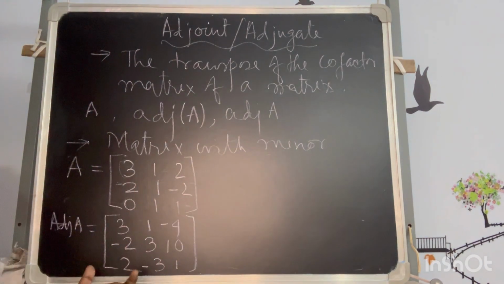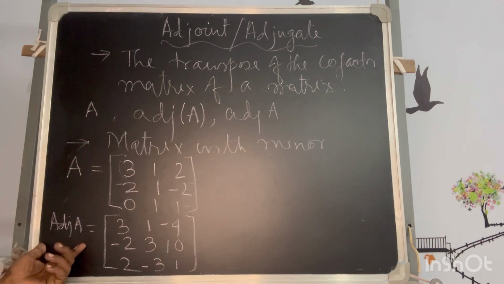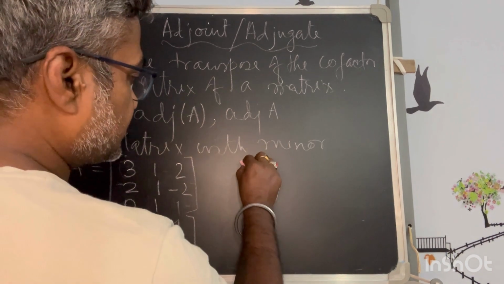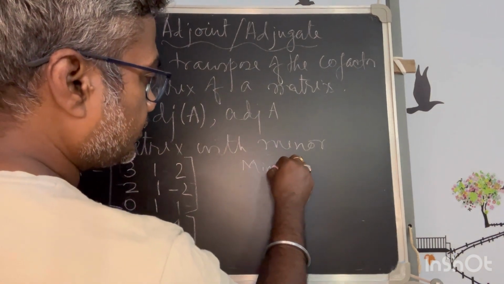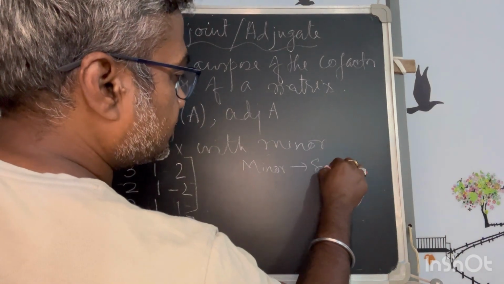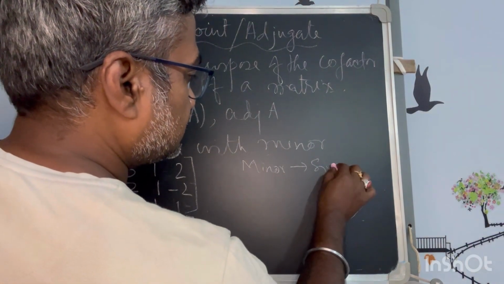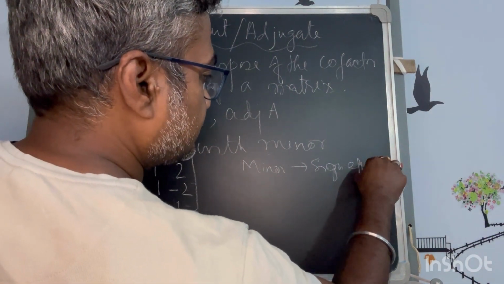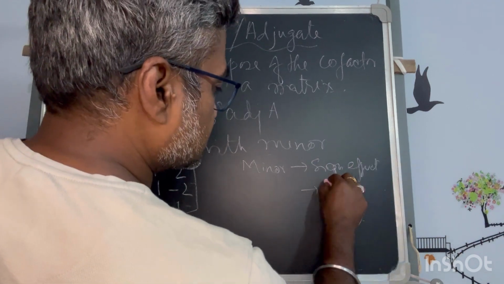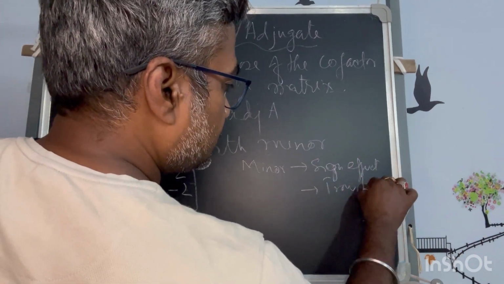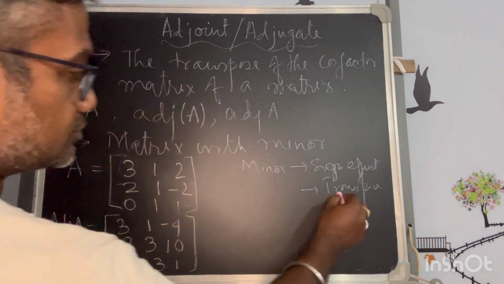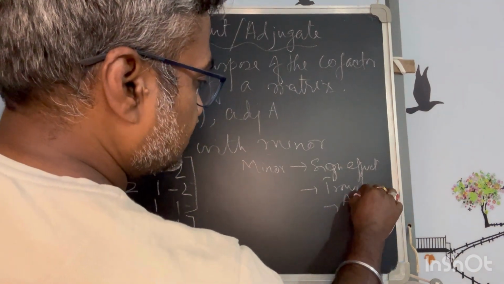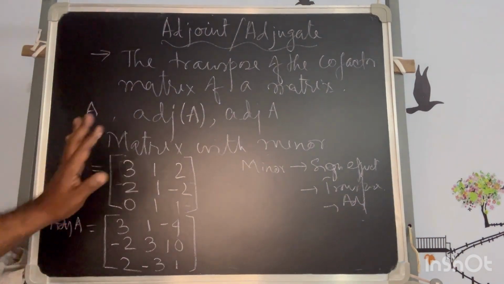Then I took the transpose to find the adjoint. So this is the process. First minor, then sign effect, then transpose. These are the 3 steps to find the adjoint. So you will land up with the adjoint. Okay, so this is the process.